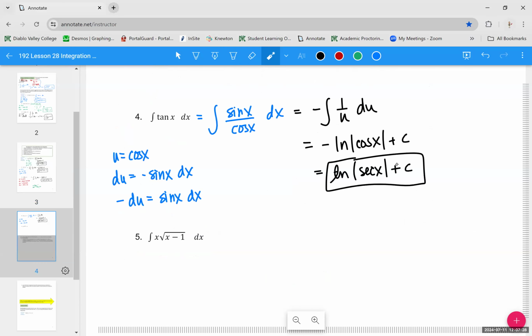It's going to look very similar for number 4. I rewrote the tangent as sine over cosine. And again, these are both derivatives of each other. But if I set u equal to sine, then my du is cosine x.